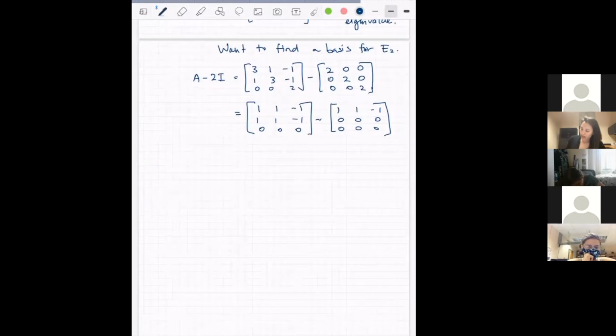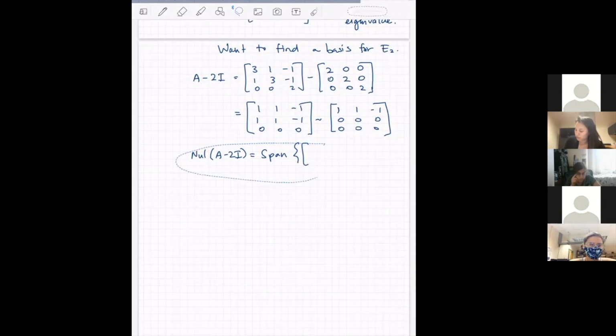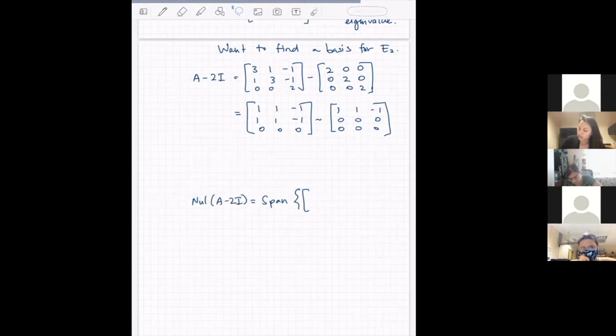which means that the null space of A minus 2I is equal to the span of, here, let me actually write this out in more detail. So we get from this, x1 is equal to negative x2 plus x3, and both x2 and x3 are free.